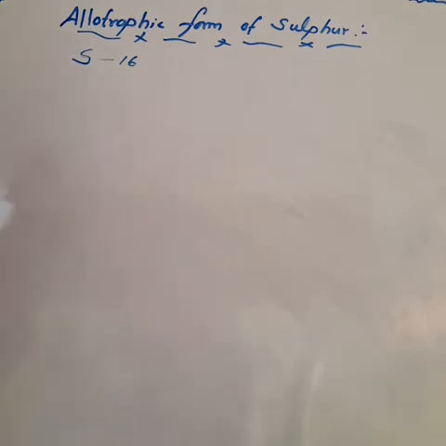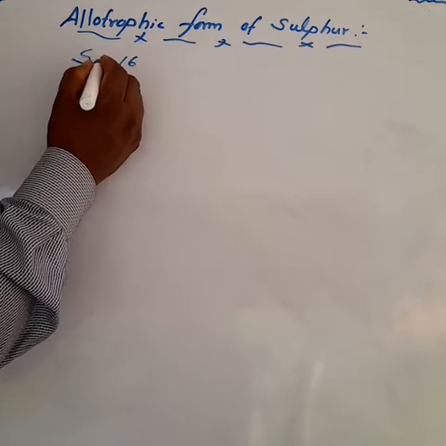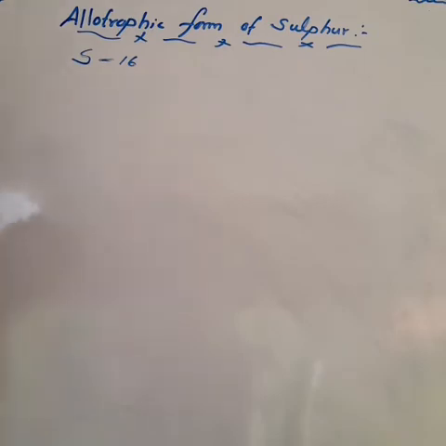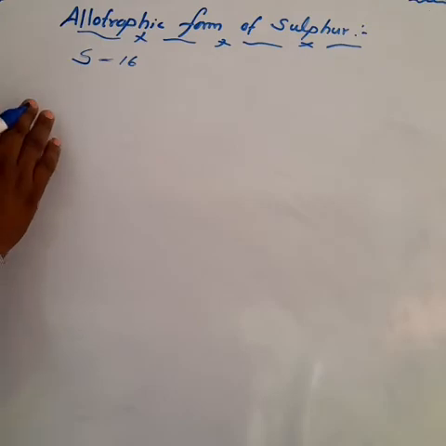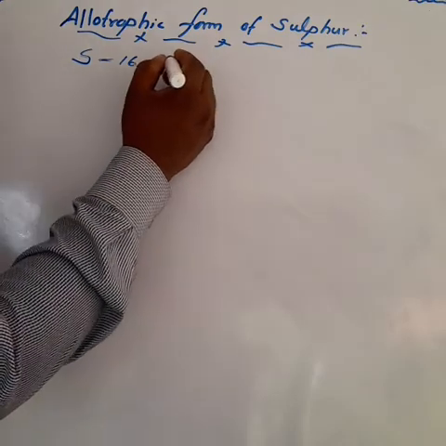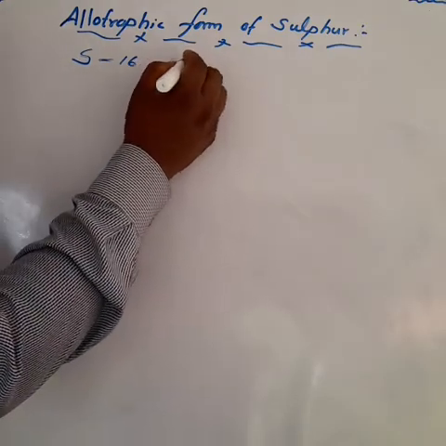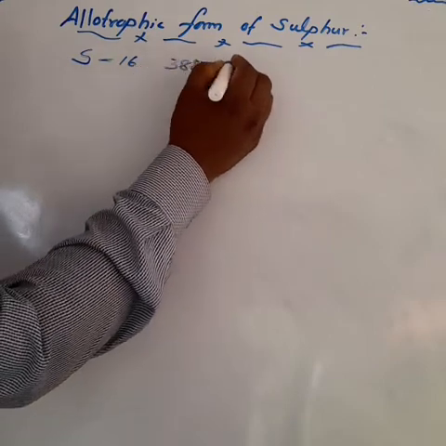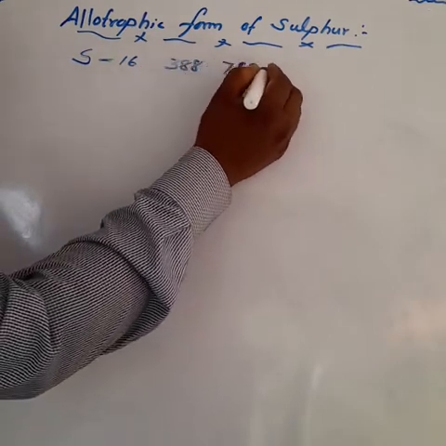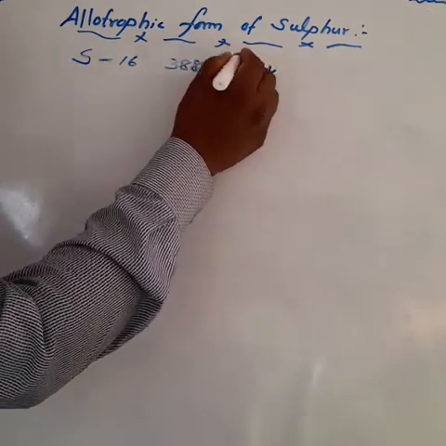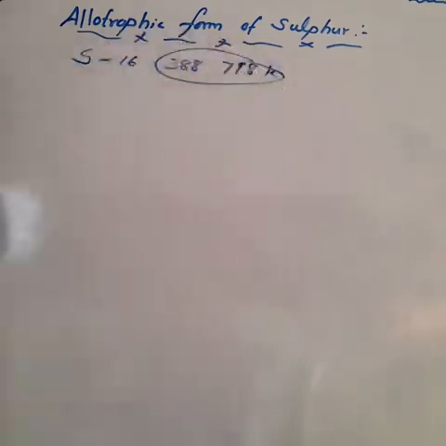Also learn thoroughly the melting point and the boiling point. The melting point is about 388 and the boiling point is about 718 Kelvin. Don't forget that. These are some important areas.